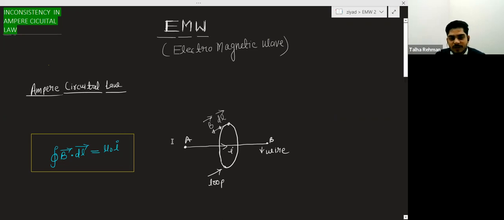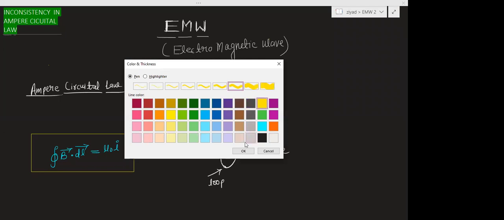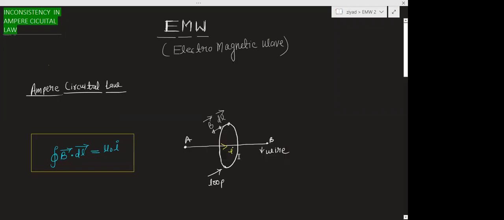If you calculate the line integral of magnetic field along this closed path, basically this is a loop, this is a wire, and this is a closed path around the wire. The line integral of magnetic field is equal to mu naught into current enclosed. What is the current enclosed by this loop? This I is the current enclosed by this loop.